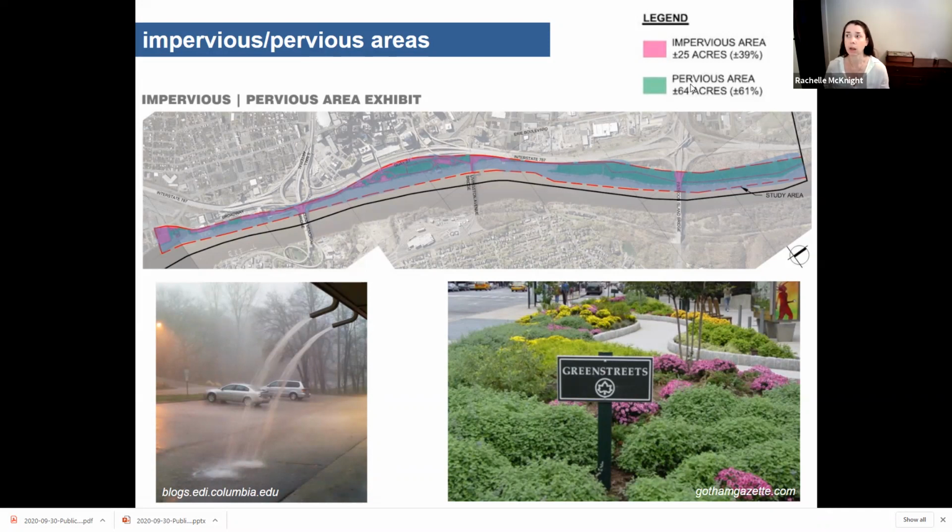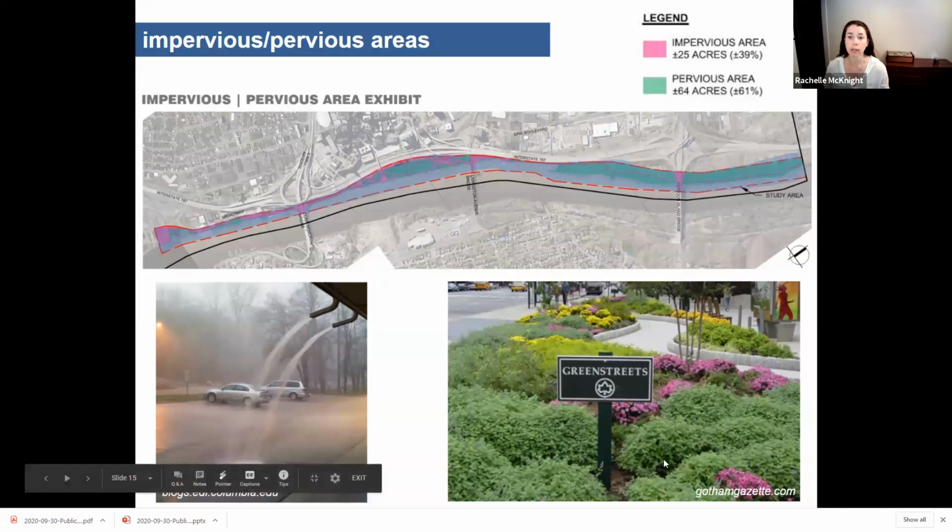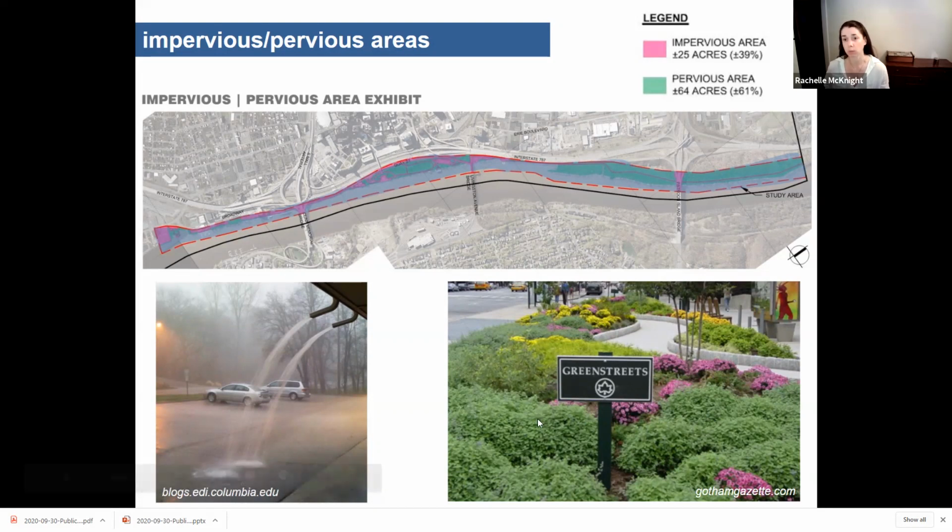That is in contrast to pervious areas. Pervious areas are where the water hits the ground, and because the ground is open and there's soil and landscape, there's plants, the water can absorb directly into the ground. That makes a big difference. How much impervious versus pervious area in your landscape makes a very large difference into how much flooding you're going to experience.